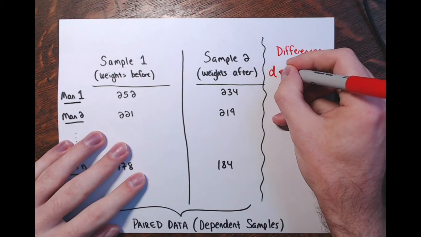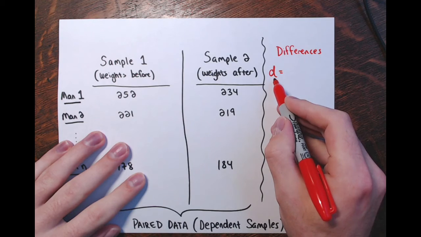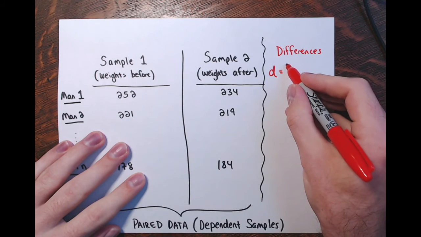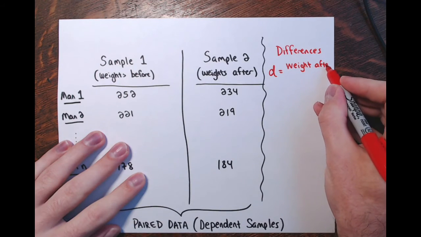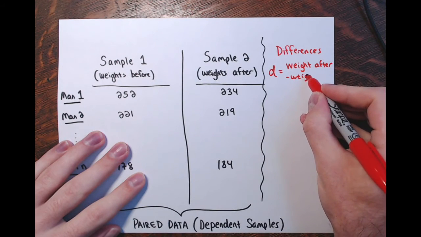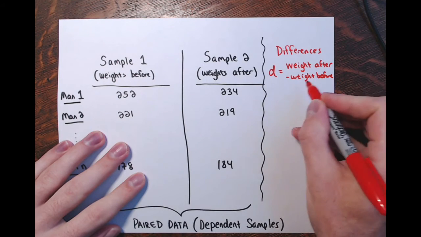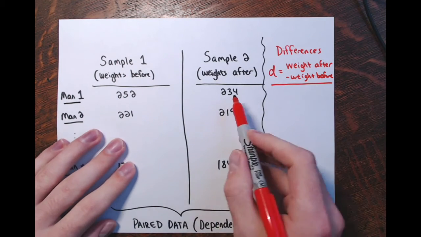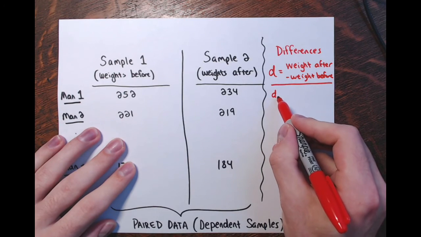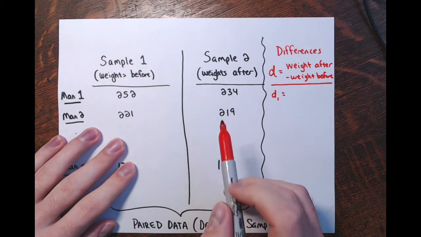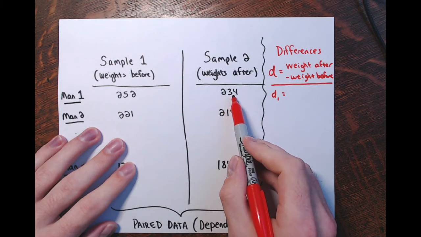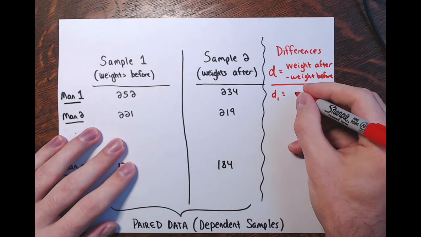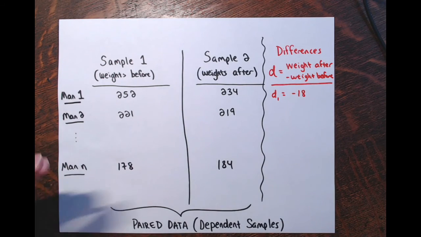Then, again, they called it D, and this will usually be called D in all these problems. And the D they're talking about here is the weight after minus the weight before for these men. So, say D1 for the first man: I would take 234 minus 252, that'd be negative 18, meaning a loss of 18 pounds.